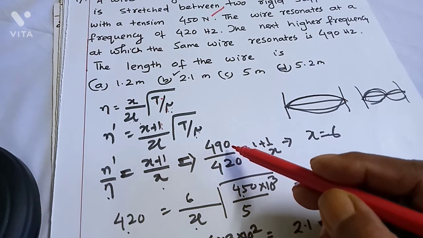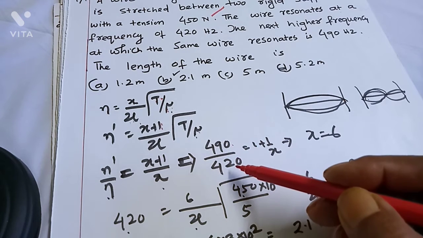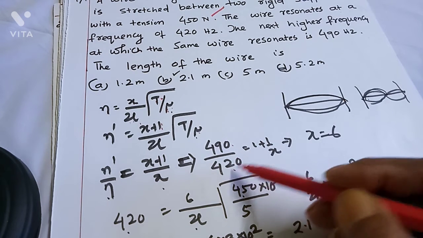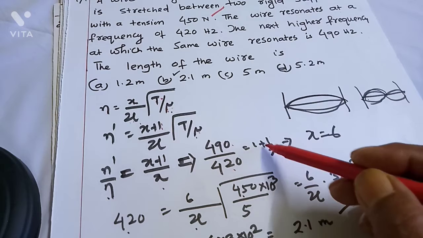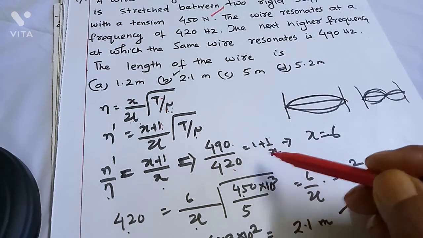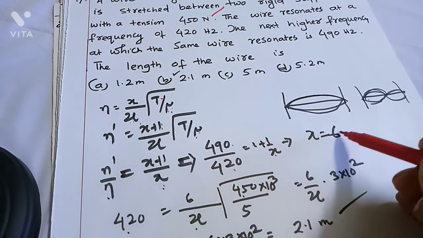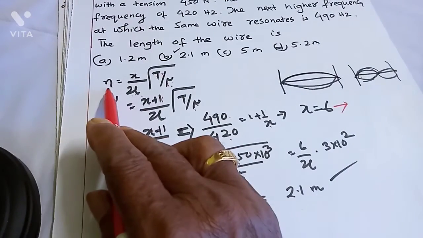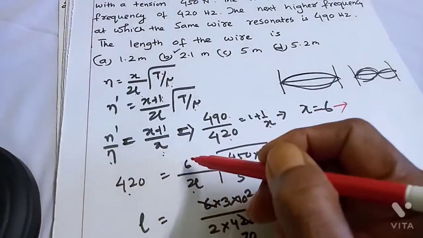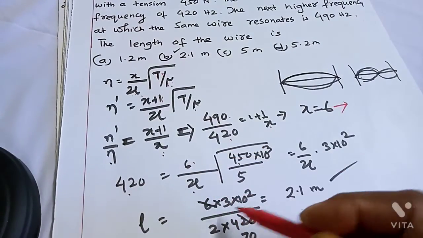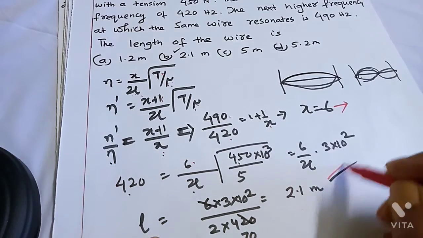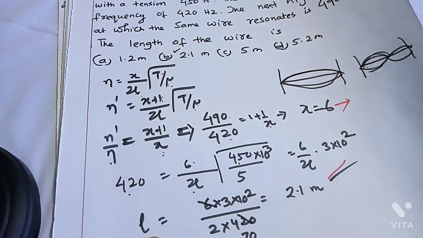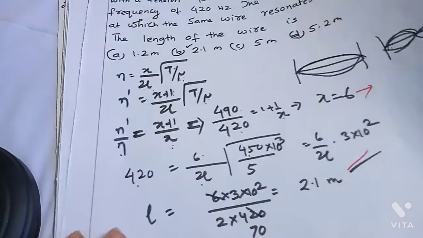Now n dash is 490 Hz, n is 420 Hz, so it is 1 plus 1 by x, that is x plus 1 by x, or simplifying, x equals 6. So substituting the values, n here 420, x 6, on simplification the length of the wire is 2.1 meter.